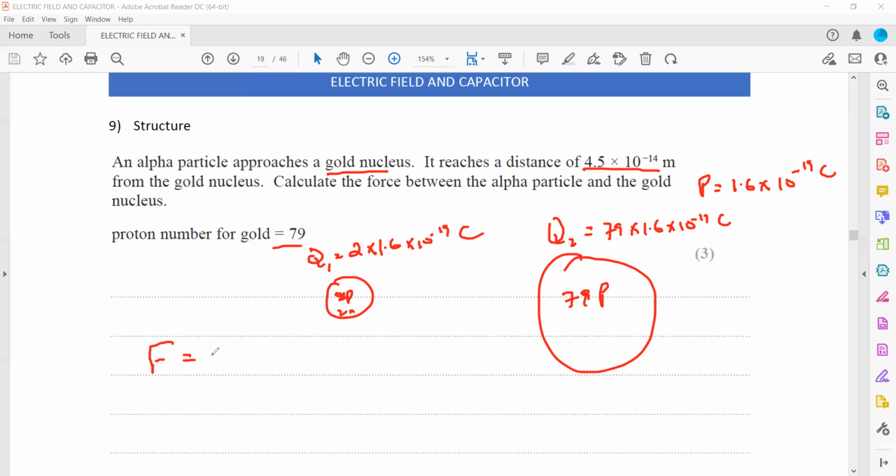We have the formula according to Coulomb's law that F is equal to K Q1 Q2 over R square, where R is the distance between them, which is given in this question, 4.5 into 10 power minus 14 meter. For K we substitute 1 upon 4 pi epsilon, or you can also substitute 8.99 into 10 power 9, or 9 into 10 power 9 is also acceptable.